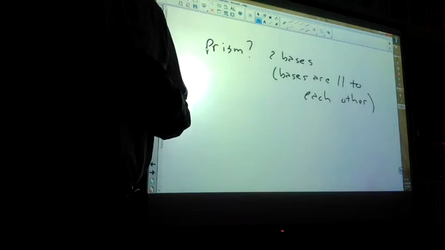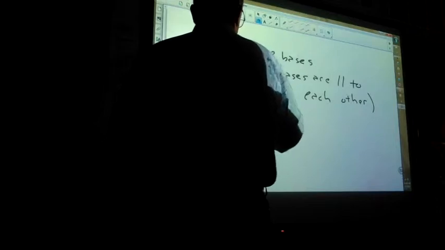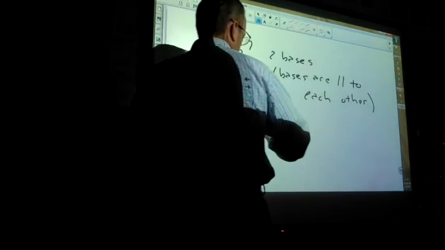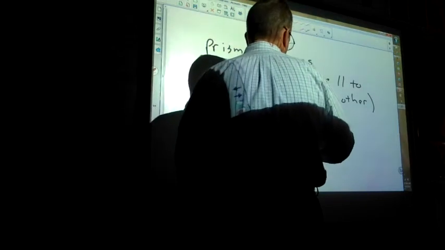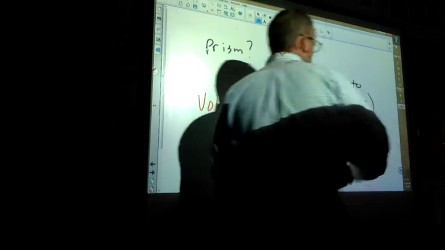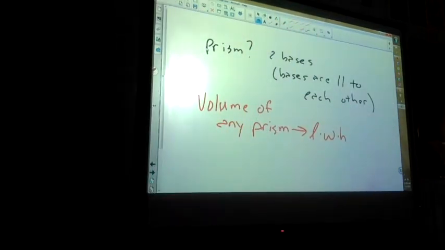All right. The volume of any prism is the length times the width times the height. You have three different dimensions. The dimension is dictated by something that's perpendicular to something else.